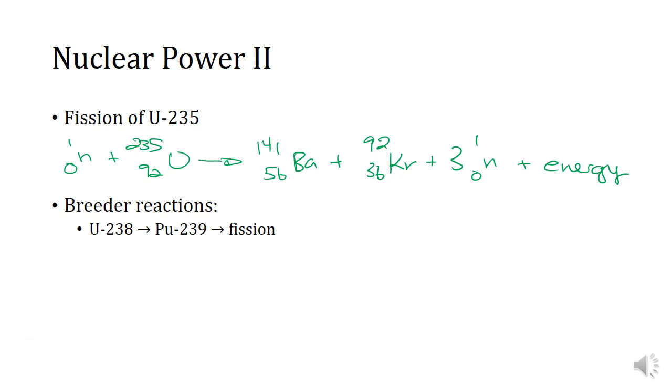But as I mentioned before, most of the uranium in existence isn't this 235, it's 238, which is far more stable.